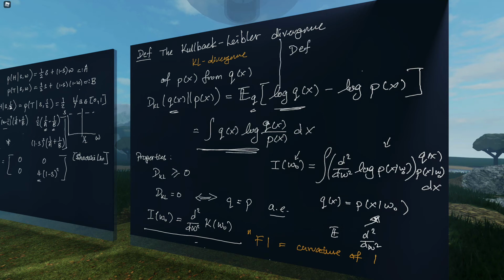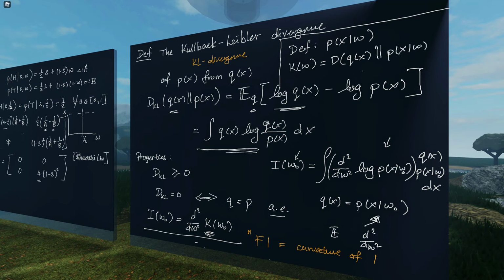Sorry, a small definition related to the KL divergence. In the setting of having a model P of X given W, we define a function called K of W, which is equal to the KL divergence between the true distribution and the model at W.